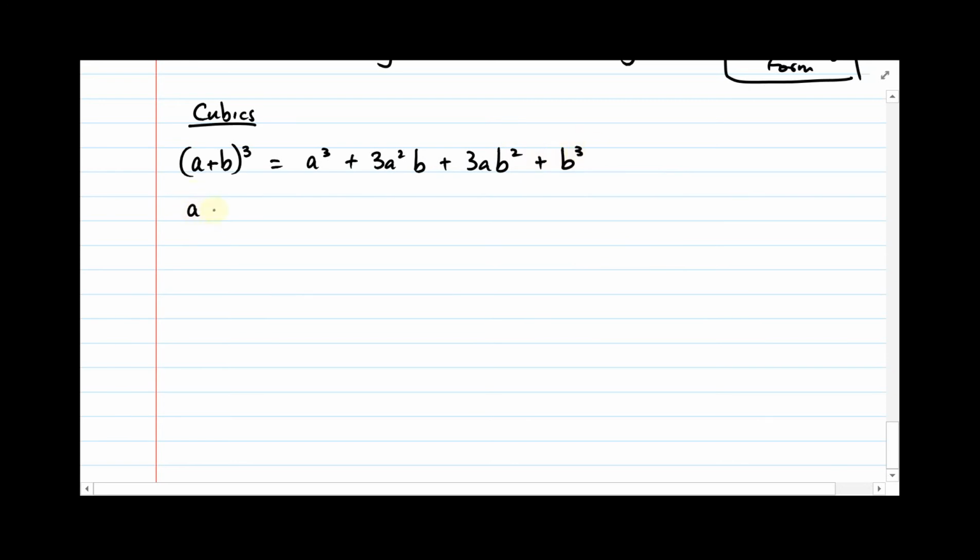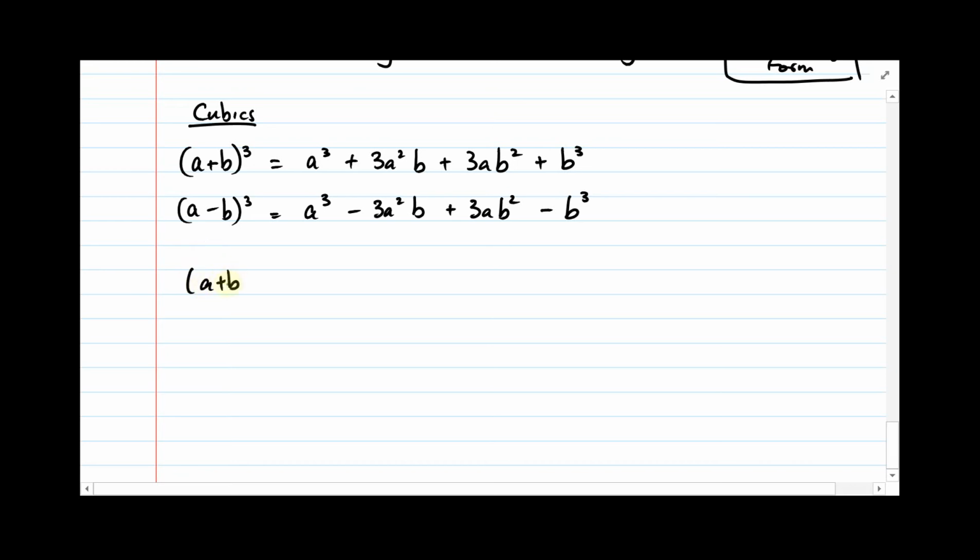If it's a difference, the coefficients and the format are pretty much the same, but the signs will alternate. And 3ab squared, right? Okay, so let us look at how we came up with this.